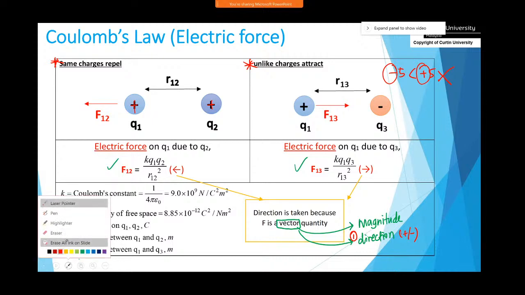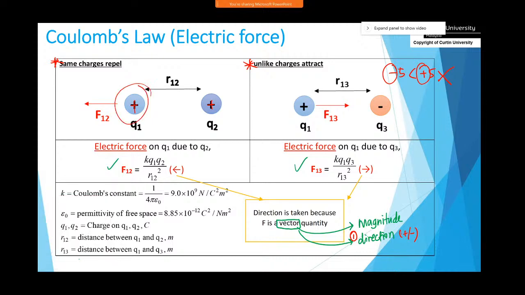If you are asked to determine the electric force experienced by Q1, this is your study subject, right? So what will be the force acting on Q1? Since Q2 has the same charge as Q1, the direction of the force experienced by Q1 will be to the left. So that will be your electric force.